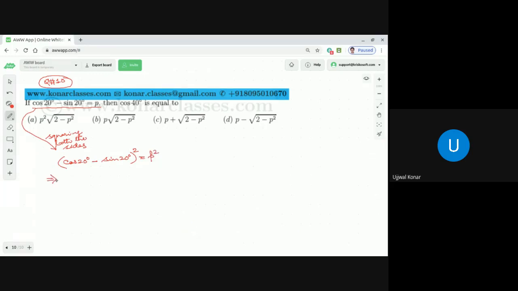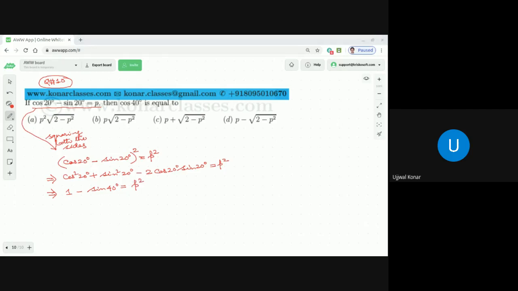This implies cos square 20 degree plus sin square 20 degree minus 2 cos 20 degree into sin 20 degree is equal to p square. This implies cos square 20 degree plus sin square 20 degree is equal to 1, minus 2 cos 20 degree sin 20 degree is equal to sin 40 degree. Correct or not? That is equal to p square.